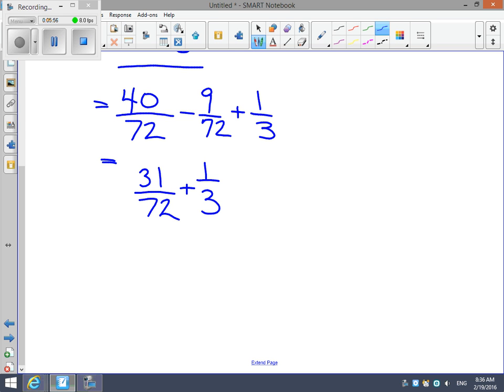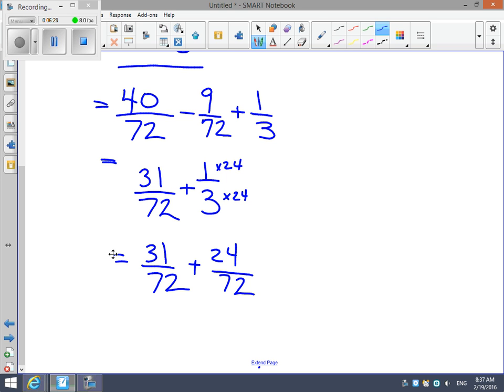I know 3 goes into 72. Let's see, 30 is 10, 60 is 20, so 24 times. So this is times 24, and that's times 24. So when I rewrite this, I have 31 over 72, and 24 over 72, obviously, that's what I tried to make it.